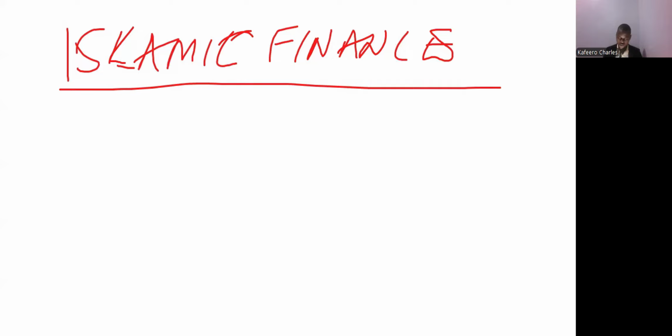And that's the approach I'm using, and why I'm starting with them. So we want to understand the theory behind Islamic finance.